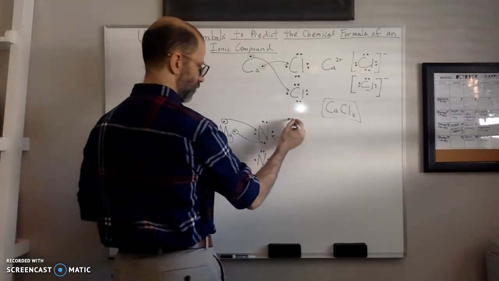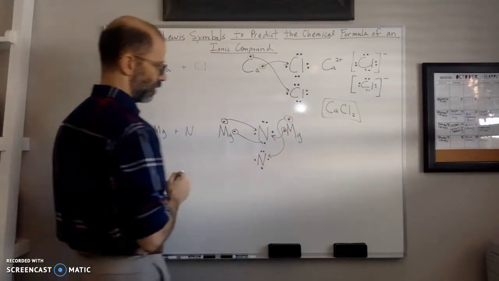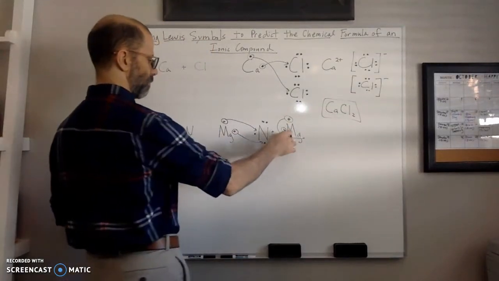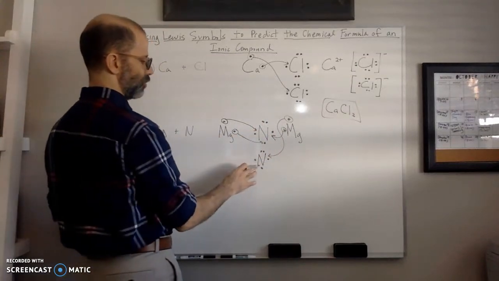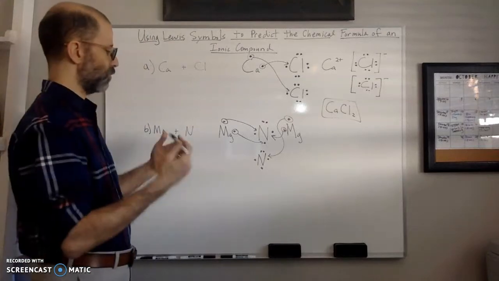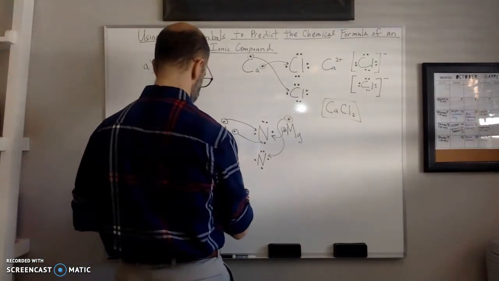So then this electron will be transferred to that. So we'll pair up with that one. So this magnesium is happy, this one's happy, this nitrogen is happy. But this nitrogen is not happy because it still needs 2 more electrons. So where is it going to get that from? You guessed it, another magnesium.